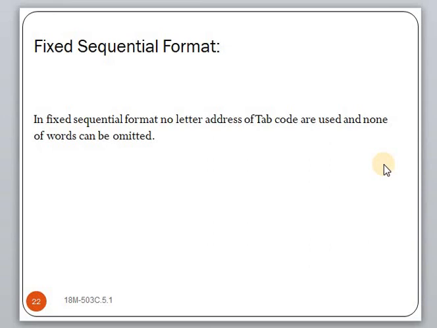Every word must be represented even if this requires using a series of 0 characters or repeating previously entered values. Clearly, this frequently results in giving unnecessary information and leads to very long programs. So this is about the fixed sequential format.